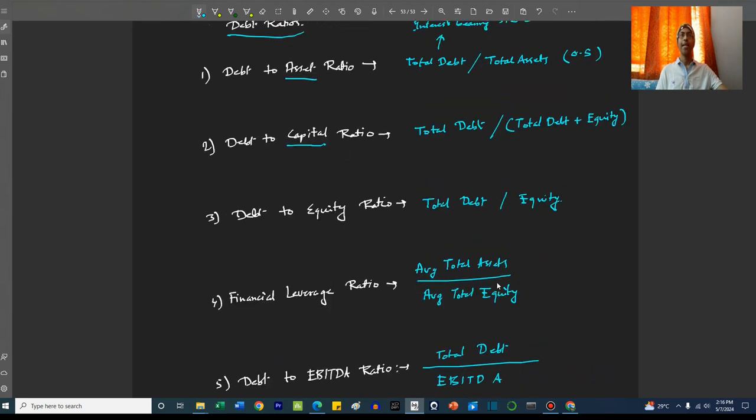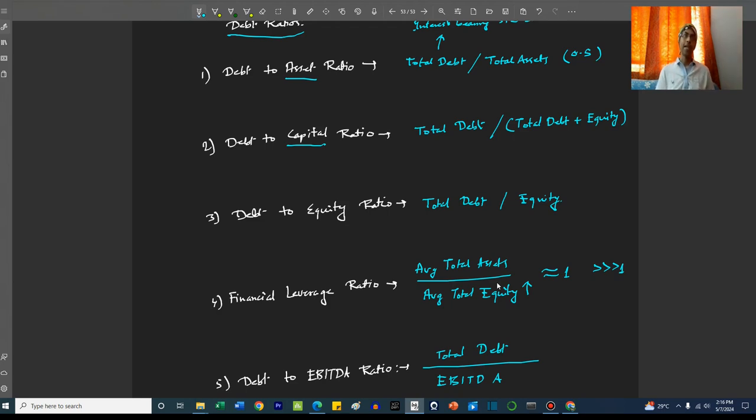In case of financial leverage ratio, the higher the equity proportion, the better it is. That is, the lower this number is, the better it is. That is, the closer this number is to 1, the better it is. And the further away it is from 1, that is, if it is a lot greater than 1, then that smells like a red signal.